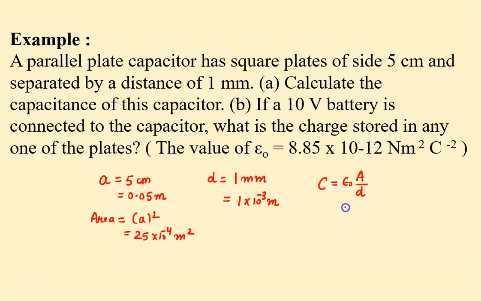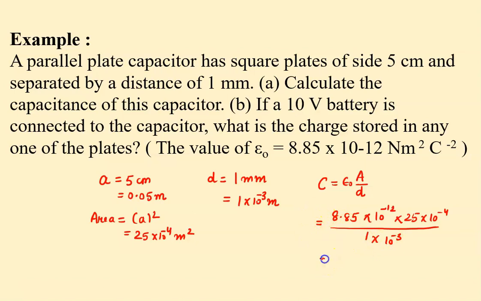Now you can put these values here, and epsilon naught is given to you as 8.85 into 10 raised to power minus 12 Newton meter square Coulomb minus 2. So let me put these values here: 8.85 into 10 raised to power minus 12, area is 25 into 10 raised to power minus 4, divided by distance, which is 1 into 10 raised to power minus 3.